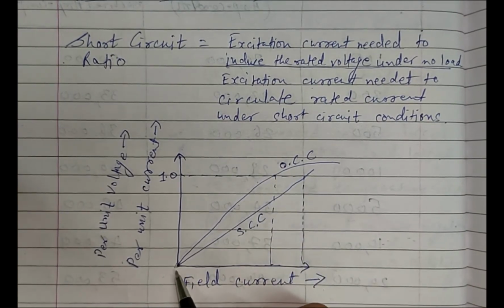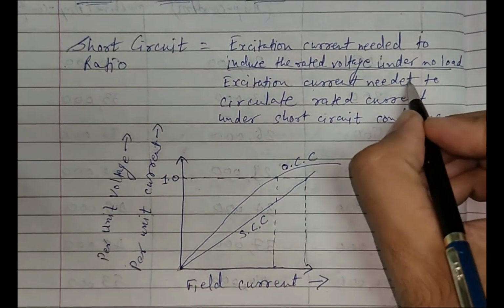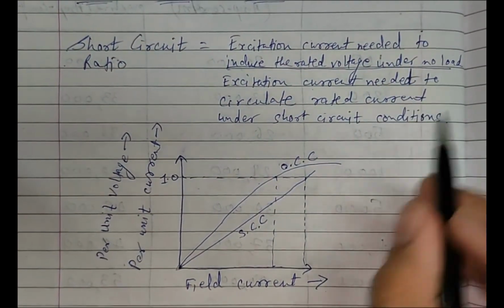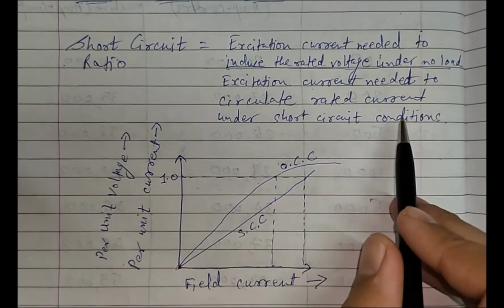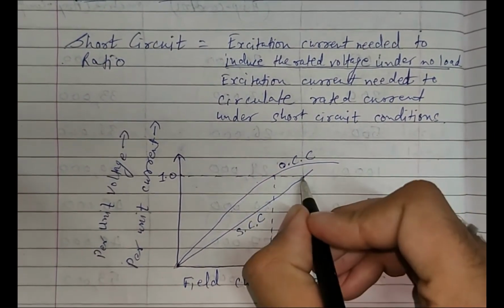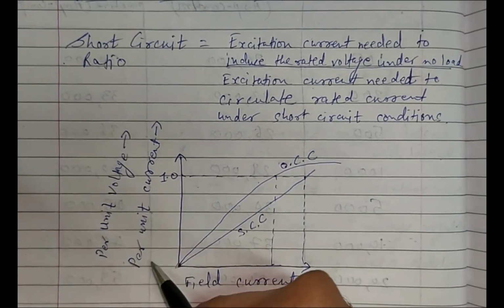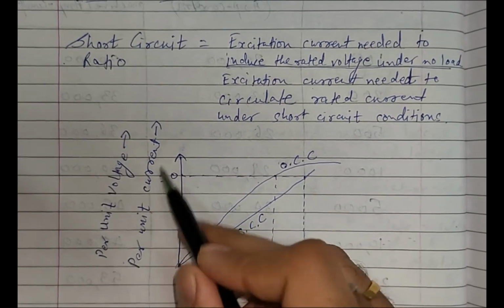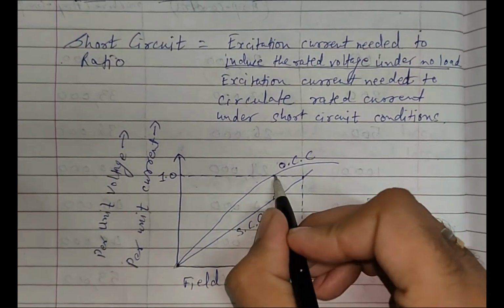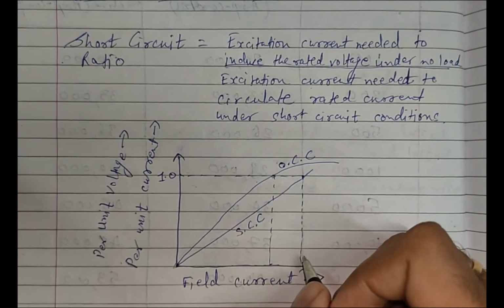And secondly, we are talking about the excitation current which is needed to circulate the rated current under short circuit condition, and that is why we are having per unit voltage as well as per unit current on the y-axis. So these are the 2 points which intersect.